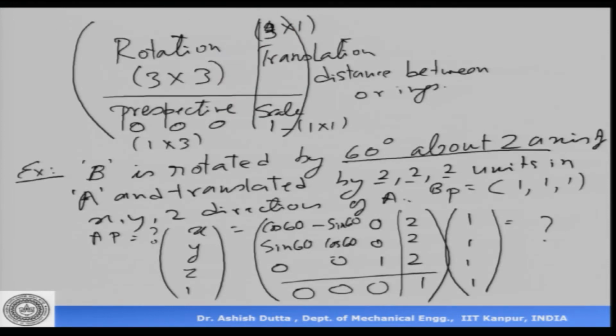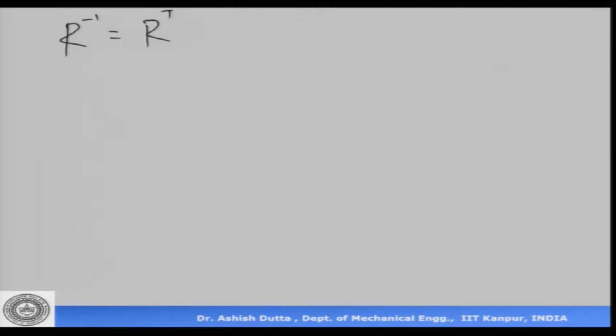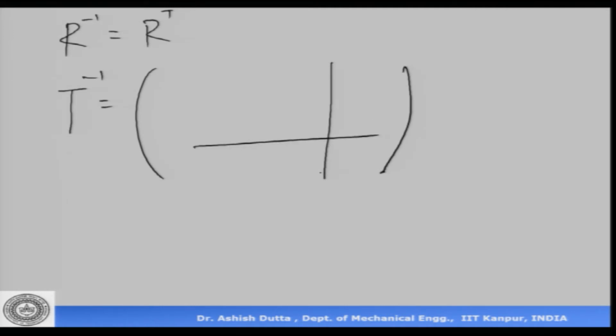So, the inverse of the homogeneous transformation matrix, we can call it T inverse, looks like this: the inverse of the rotation matrix, which I can write as the transpose, which is the inverse. Next, we have seen that we need to take the negative of the distance between the origins.